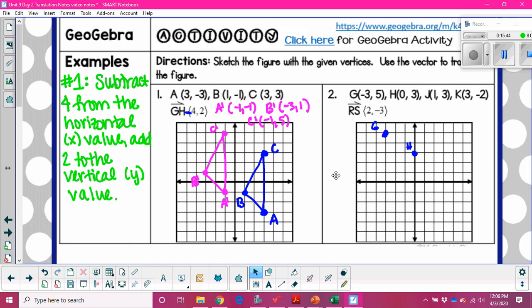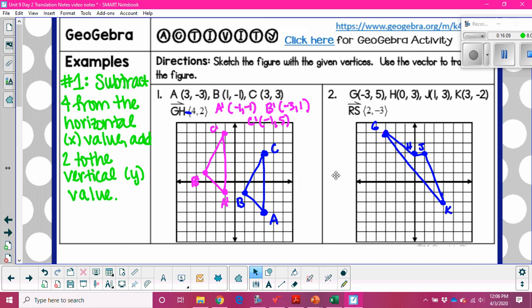J is at (1, 3). And K is at (3, -2). I'm just going to ever so delicately draw this. So basically, it looks like that. I forgot to label K.